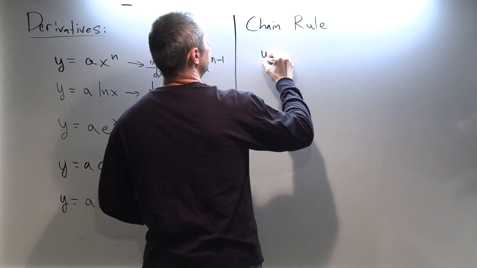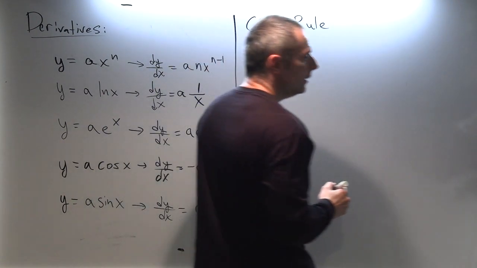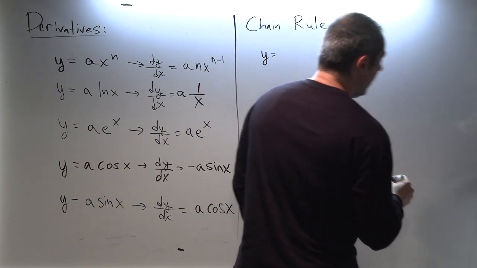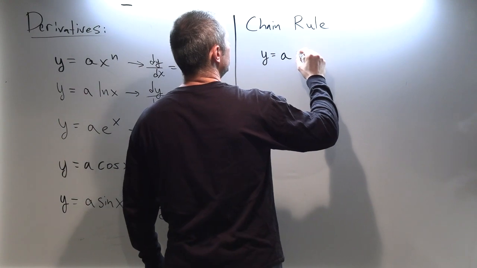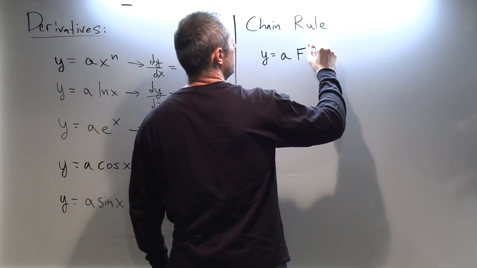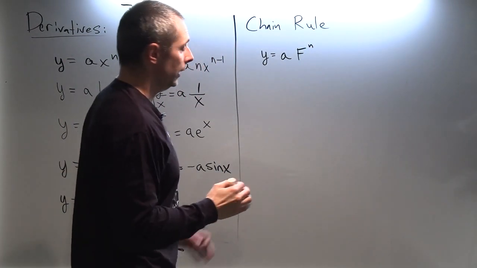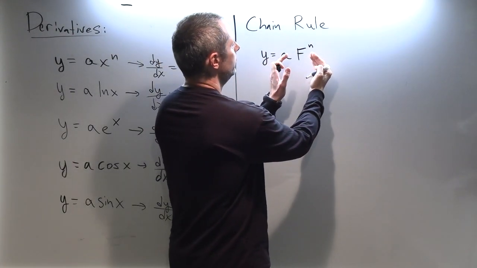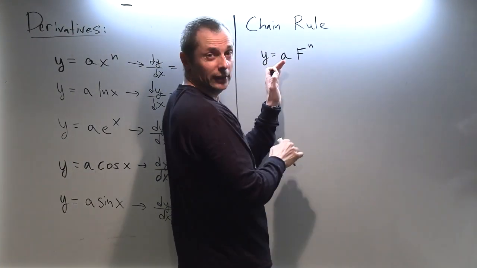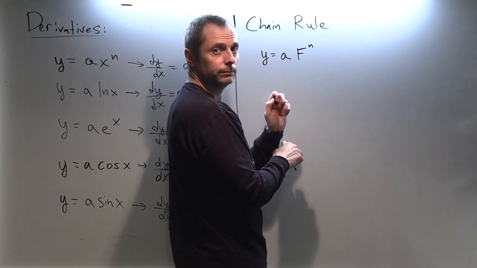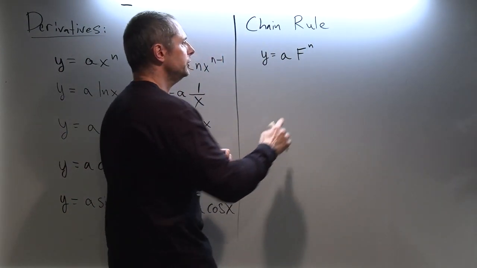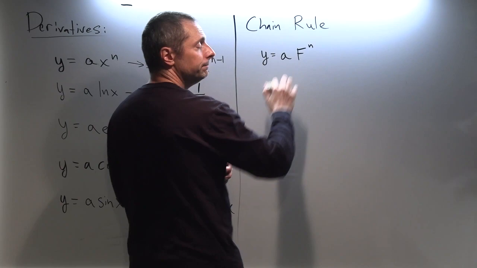If, for example, we have y not as x to the n, but some function to the n power. Like maybe we have parentheses here, and this is x squared plus 3 or something in there, this f. So we've got a function within a function.